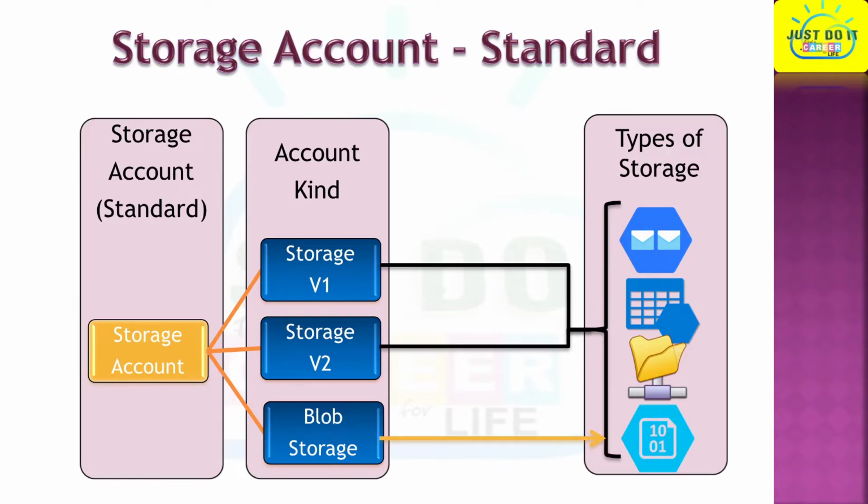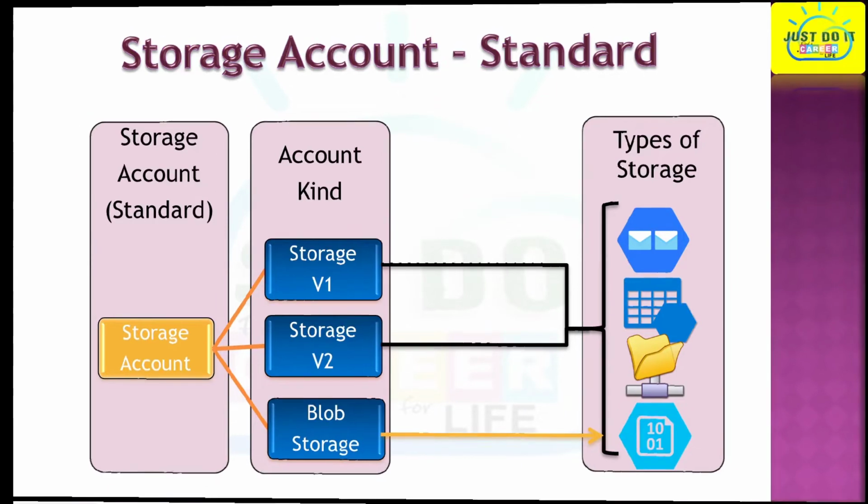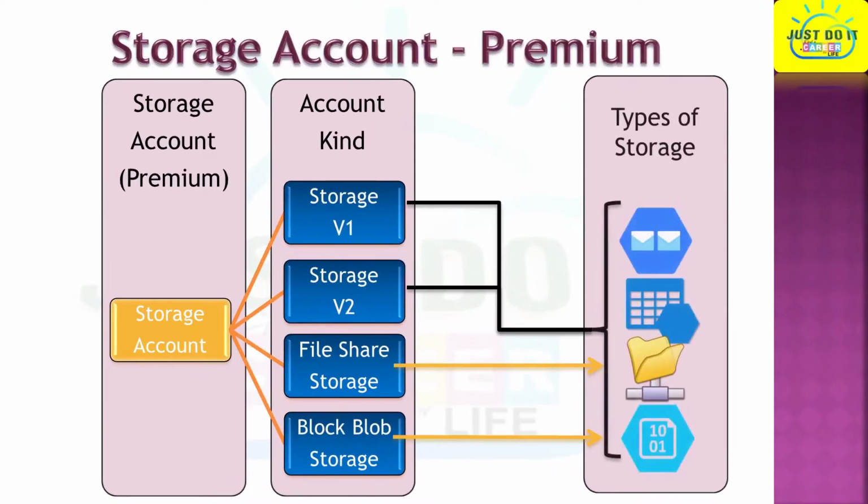Whereas if we look at the premium storage account, the account kinds are almost the same, but in addition there is file share storage, and the most important difference is that it doesn't have the access tier feature, that is hot or cool. They are only meant for the hot tier. Similarly, storage account V1 and V2 have all four types of storage, whereas file share storage has only file share access, and blob storage will have only blob storage access.